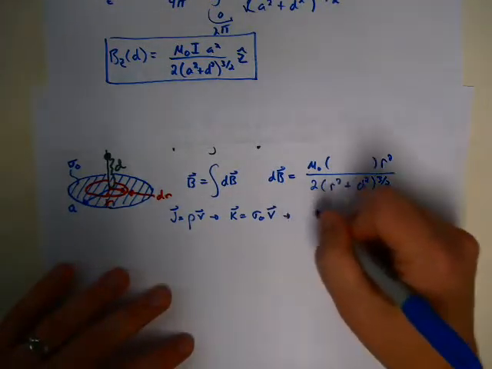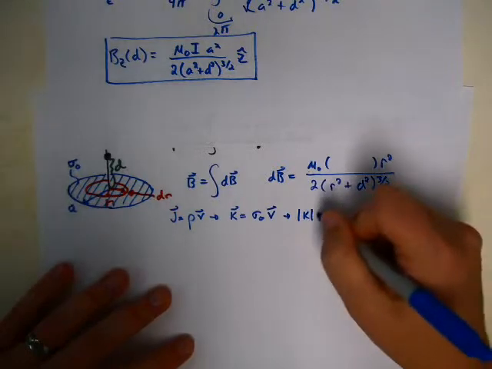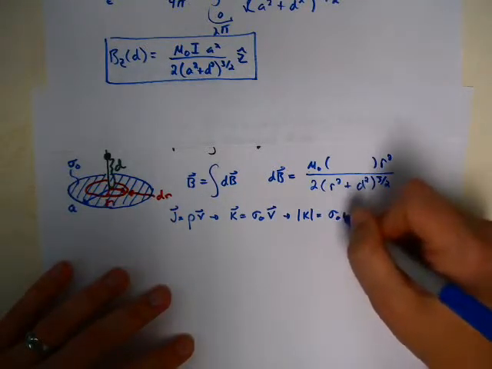And so the magnitude of K, at least, is sigma naught omega r.